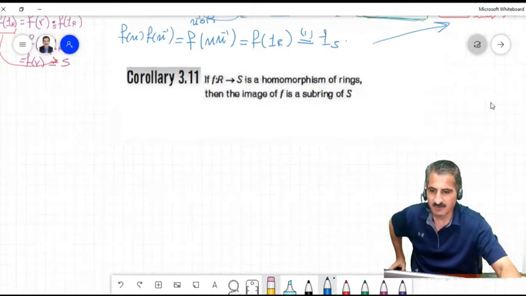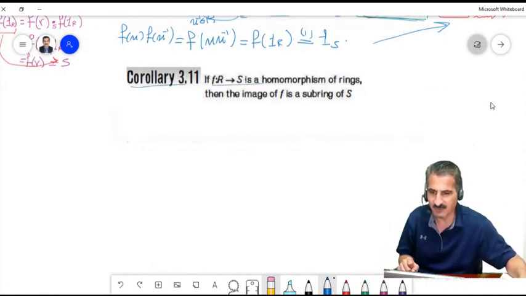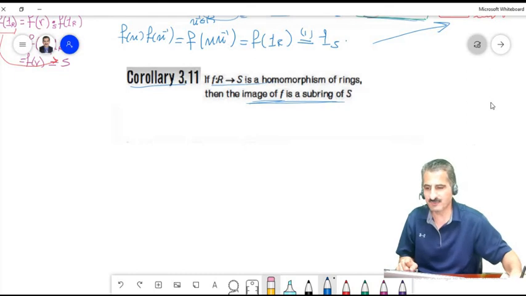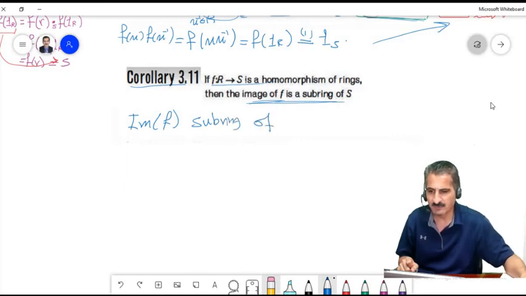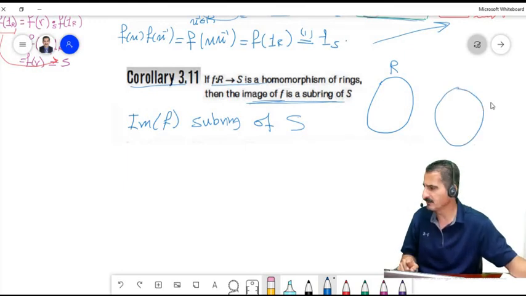Good. Now, as a corollary of the above theorem, it says if we have a homomorphism, then the image of f is a subring of S. Oh, very interesting. Let's make everything pictures. Pictures help you comprehend the ideas.